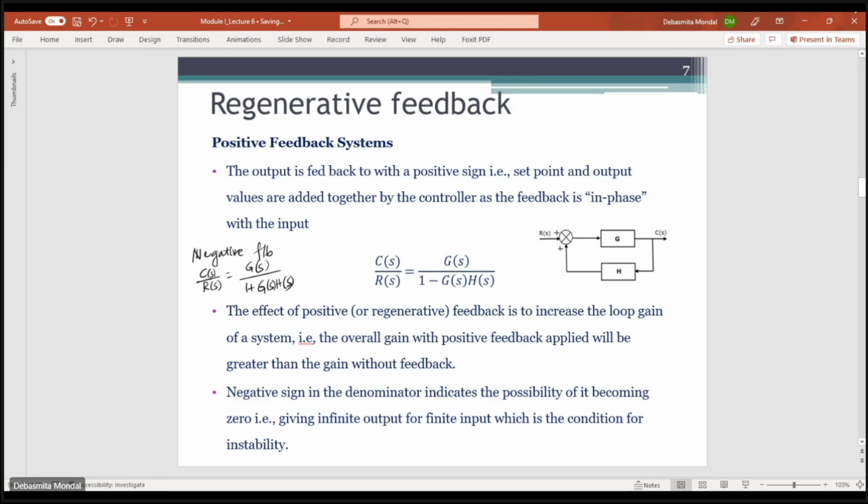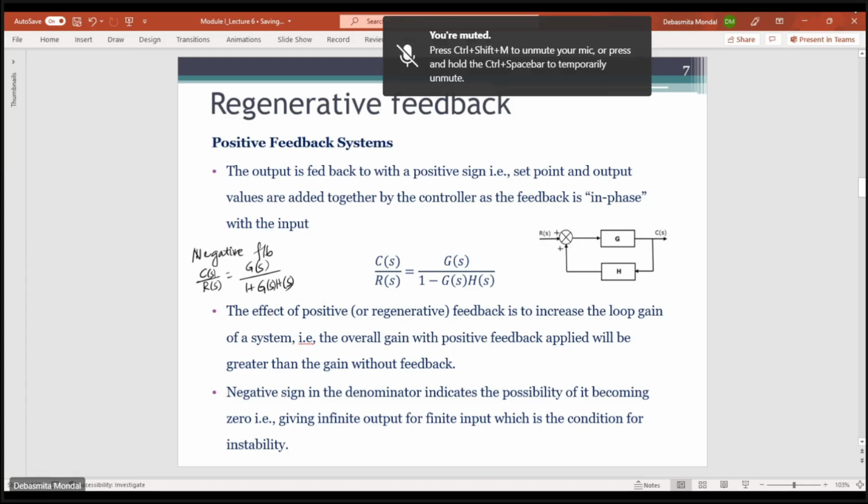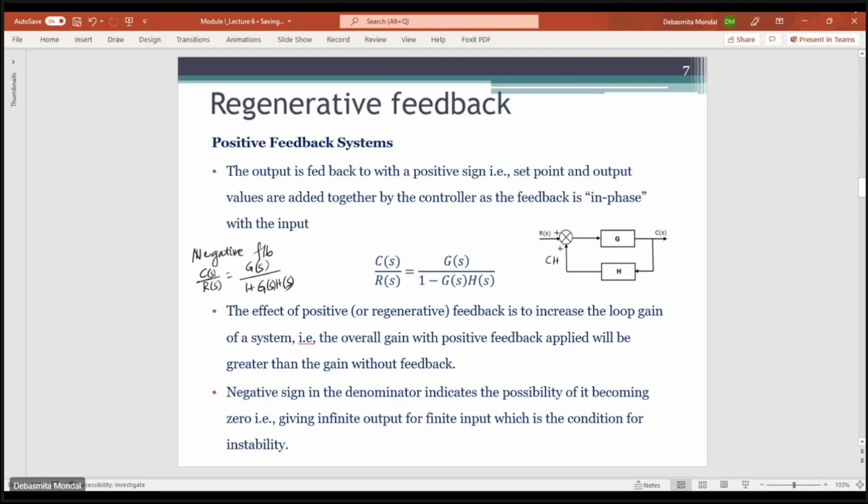You can derive it starting from the basic equations, just as before, to find the transfer function of this positive feedback system. It shows that C(s)/R(s) will be equal to G(s)/(1 - G(s)H(s)).